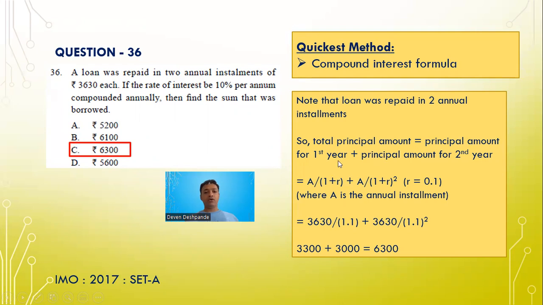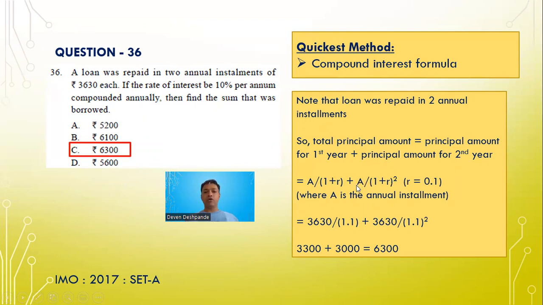Is it the principal amount of first year plus the principal amount of second year? And what is the principal for the first year? The principal for the first year is the installment upon 1 plus R, where A is the annual installment, plus installment upon 1 plus R square, which will be the principal amount for the second year.